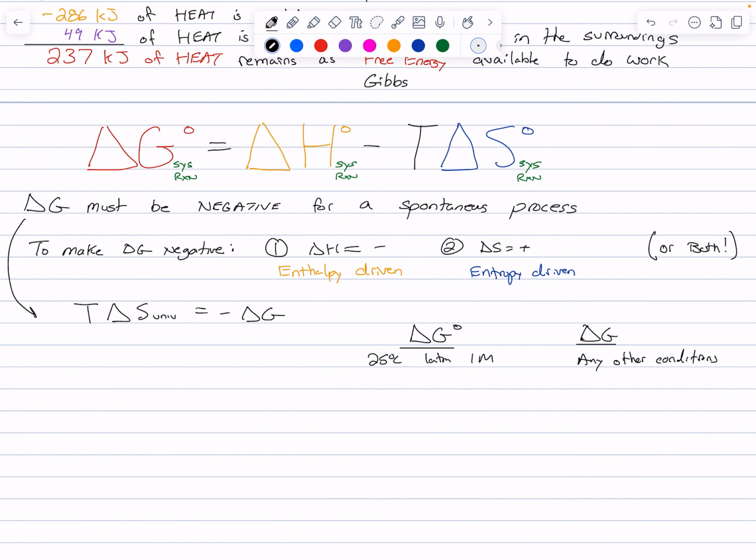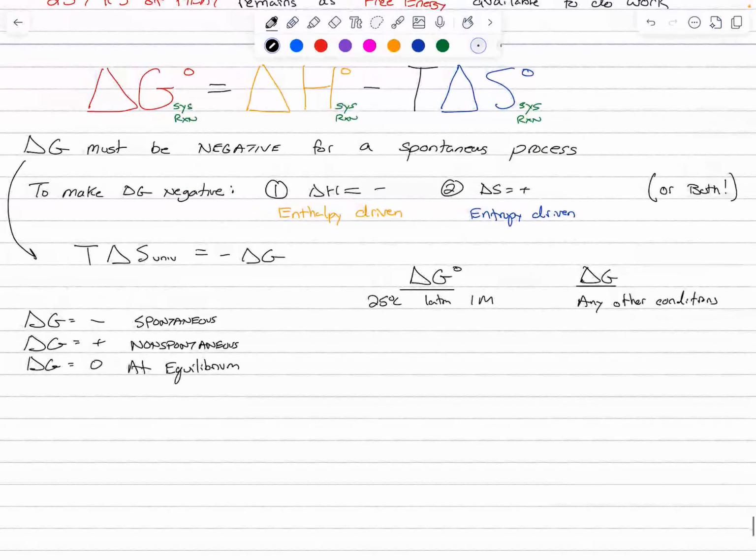So recapping again, delta G has 3 options. It can be negative, positive, or 0. If it's negative, we're spontaneous. If it's positive, you're non-spontaneous. 0 means at equilibrium. All right. So that's one way to calculate delta G. This is the first way.